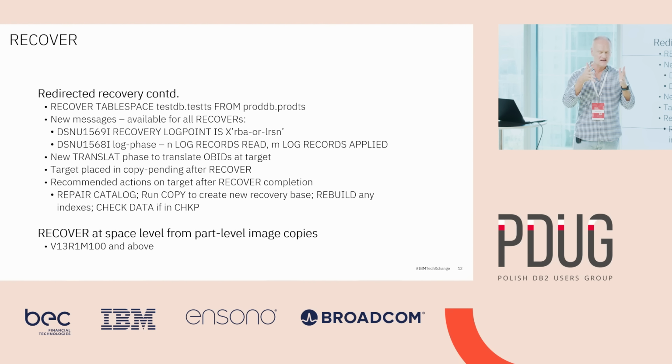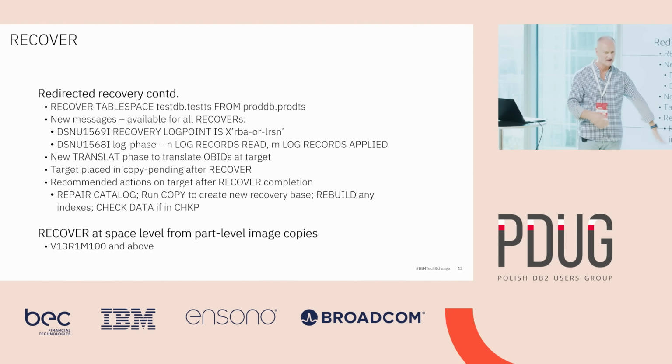In fact, it could work, but the only way it could work is if you know that you can specify a part level parameter on the listdef and use the listdef with a part level parameter for that recover. But most people don't know that, and the people who do know it will probably forget it.